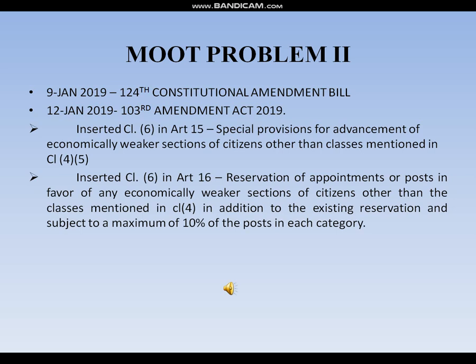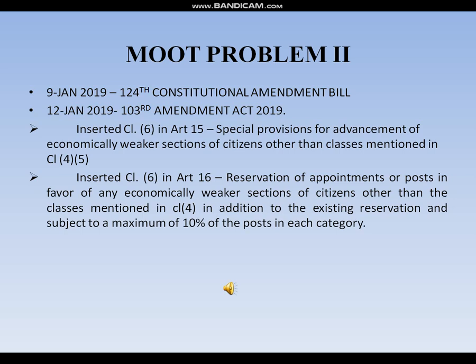Now, if you remember the classes mentioned in 4 and 5, you can even go back to the Article 15 given. 4 and 5 talks about socially and educationally backward classes of citizens, and the Scheduled Caste and the Scheduled Tribe. So, other than them, there is another class, that is the economically weaker sections of the citizens. So for them, special provisions have been mentioned by virtue of this clause.